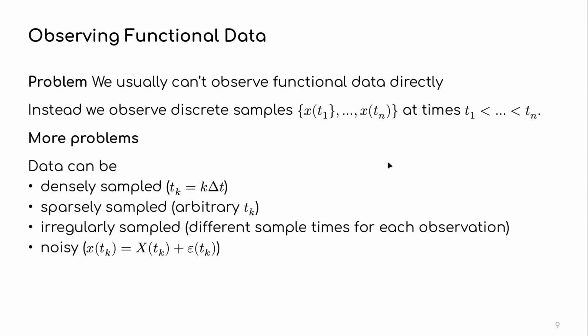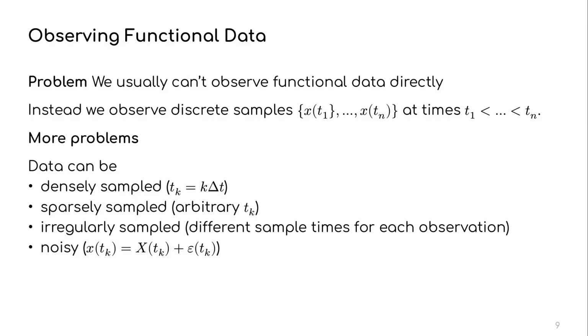Now, this is all well and good, but usually we can't observe infinite amounts of data to get a nice function. Instead, we observe the function only at discrete points. Let's say I'm measuring the temperature at a few weather stations.